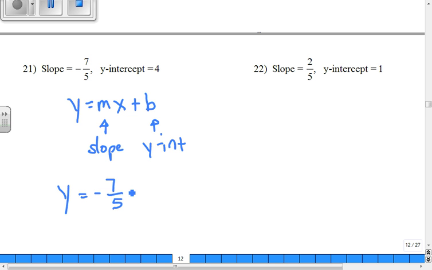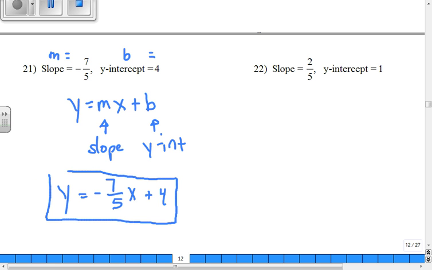-7/5 x, that's my m, plus 4. My y-intercept is my b. So this equation is y equals -7/5 x plus 4.